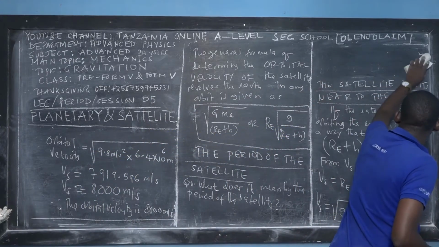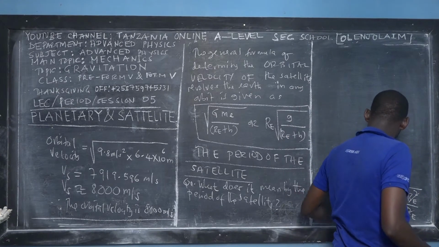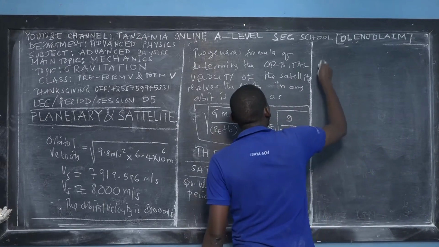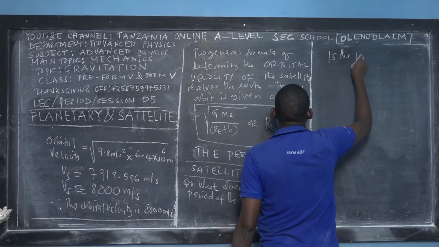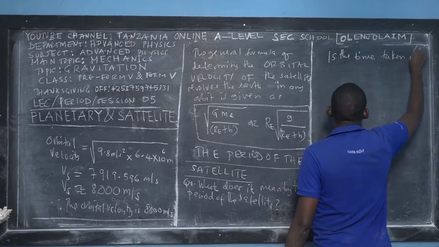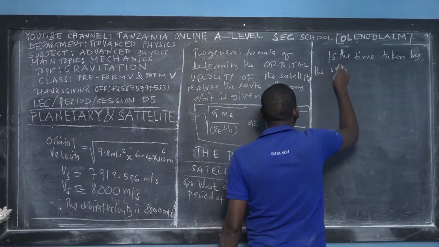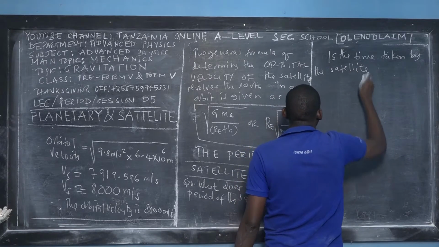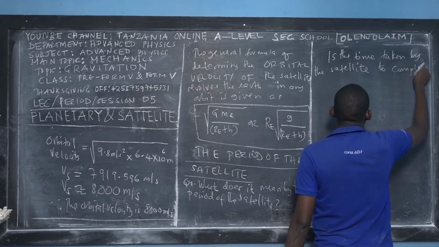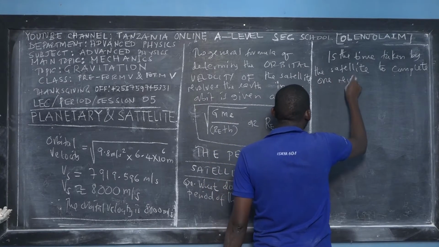So he said that the period of the satellite is the time, can be asked to define in section A, is the time taken by the satellite to complete one revolution.